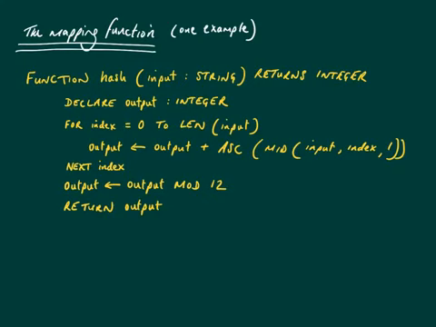So we get the sum of the ASCII values of the input string. And when we're finished the loop, we will have a total. We then divide that total by 12 and get the remainder, and the remainder is returned to the calling function, and that will be the index that we are using to store our data value in.